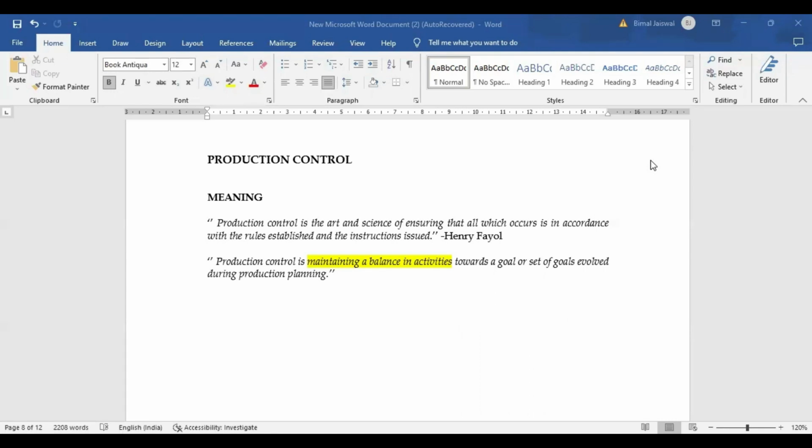Basically, the functions of management help the production activities to function properly. As you are aware, planning is the first function and control is the last function. And we have said that planning means to look forward and control means to look backward.